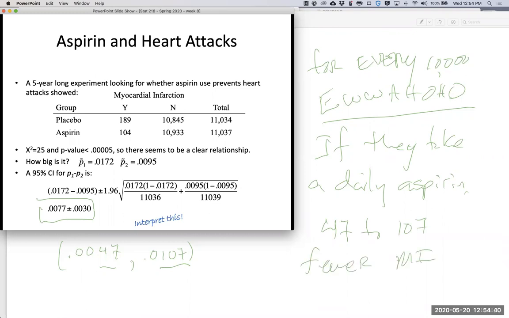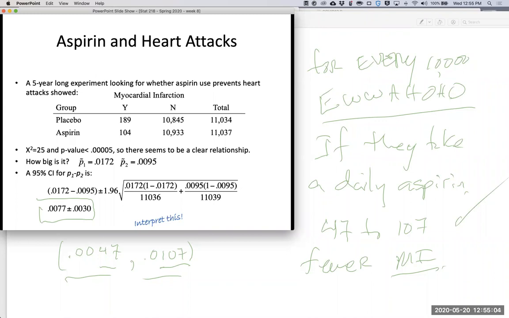heart attacks, myocardial infarctions. Okay, so again, take our range of numbers, multiply by a large value like 10,000 or 100,000 or 1,000,000 or maybe in the earlier example, 1,000, and tell me how many more cases you have.